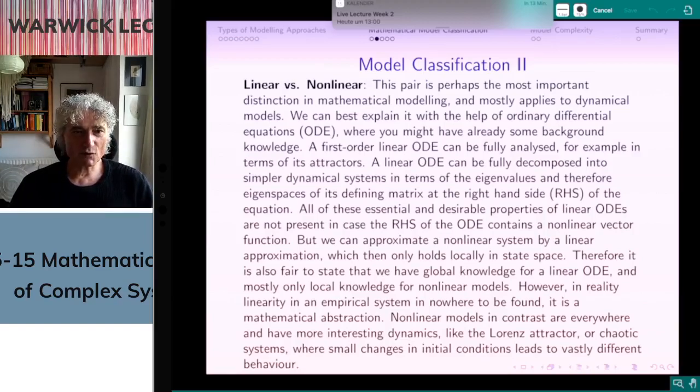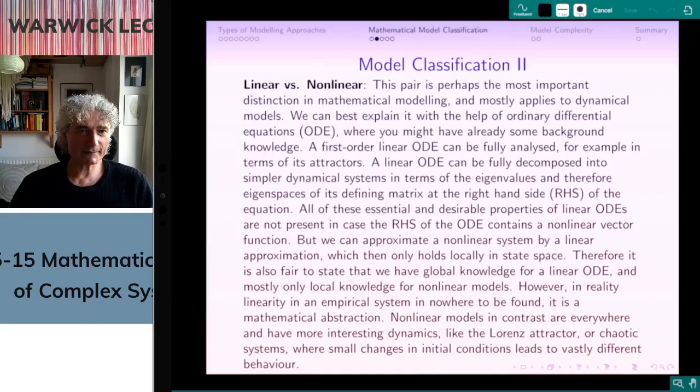You have nearly no chance to have any global information about the system. You will only have local information, and that is because you can linearize. That is a very important feature of the nonlinear system. So in this case, you make use of linearity in a local area of the state space of your system.